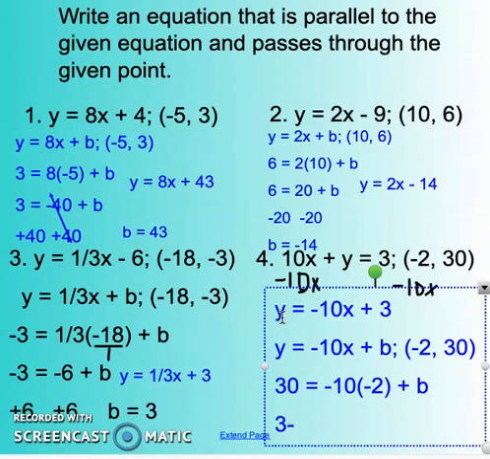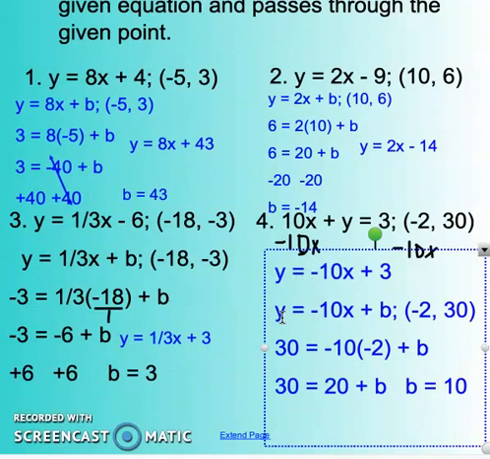So we have 30 equals 20 plus b. I don't think I need to go through the steps on this one. I know you know the answer: 20 plus what is 30? b is 10. Nice job. So our final answer is y equals -10x plus 10.